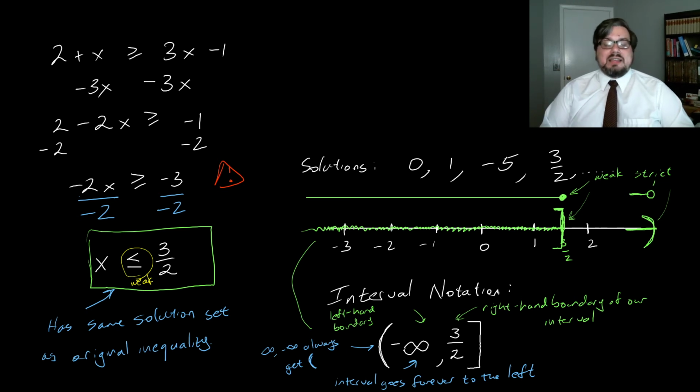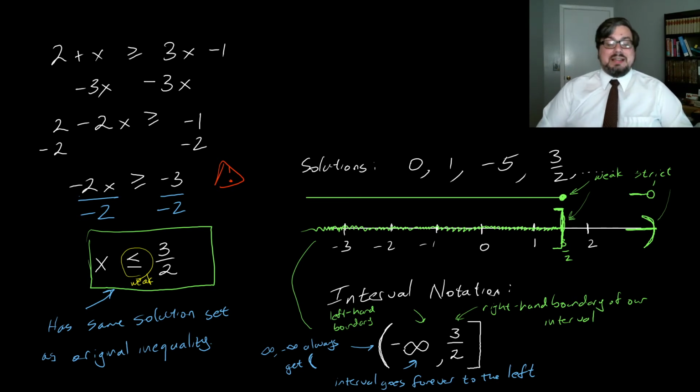And that's what we want to say here. -infinity is not a solution to this inequality because -infinity isn't even a number. It doesn't make sense to plug -infinity into the original inequality. It doesn't make it true or false. It doesn't make any sense at all. So -infinity isn't included in our solution.